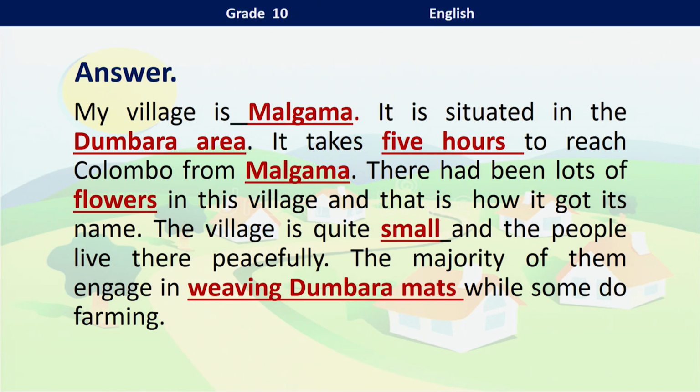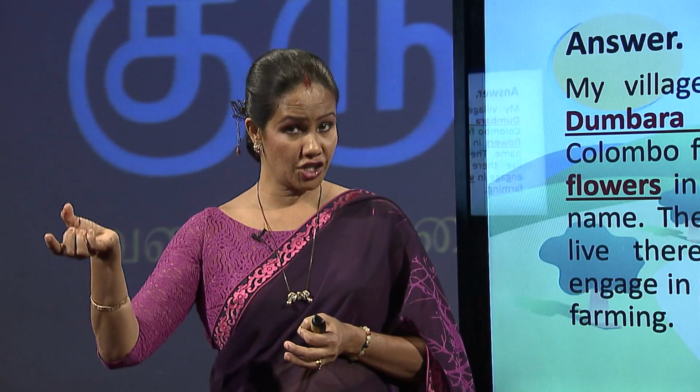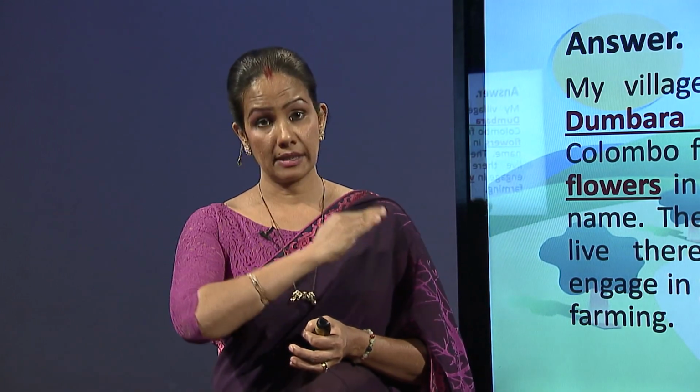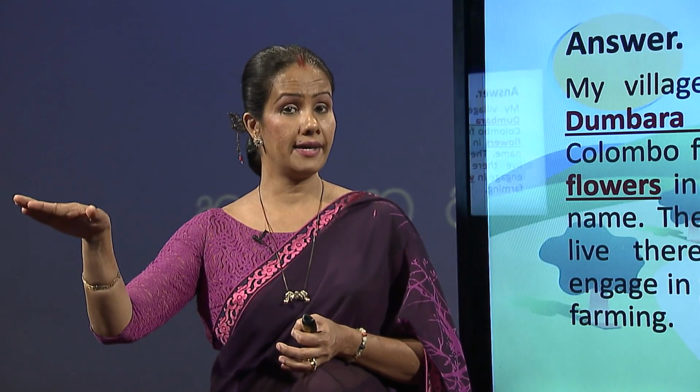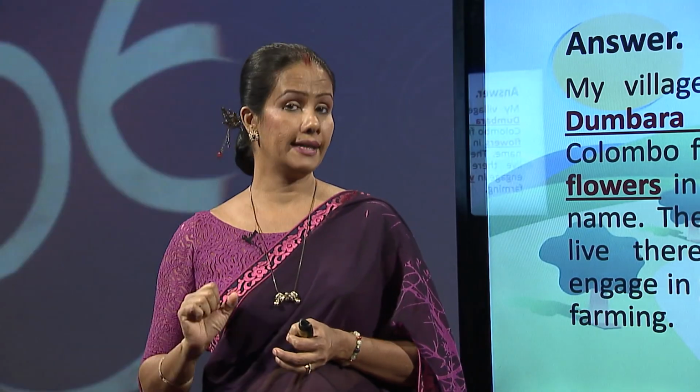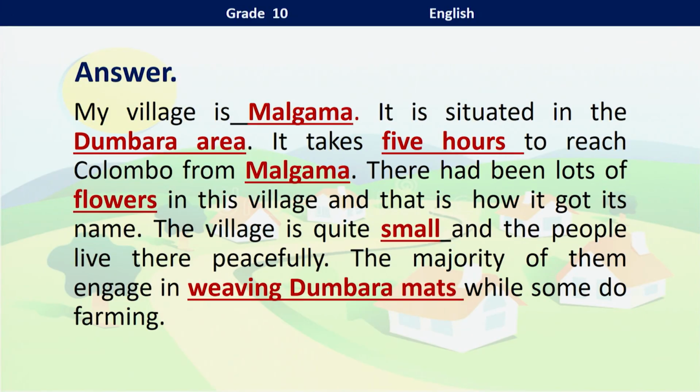Now, here children, the words I changed from the original text I have underlined and highlighted in red color in the written text. Then it's easy for you to compare the activity given in the workbook as well as the model answer given here, right?